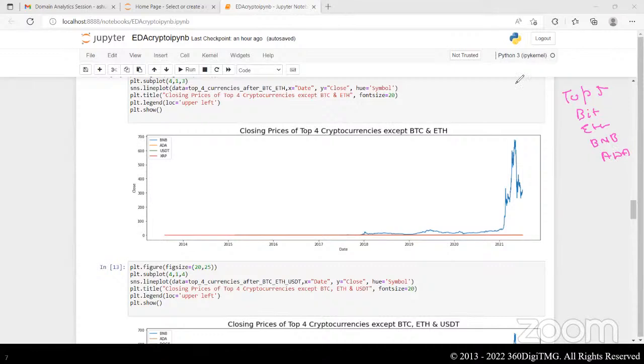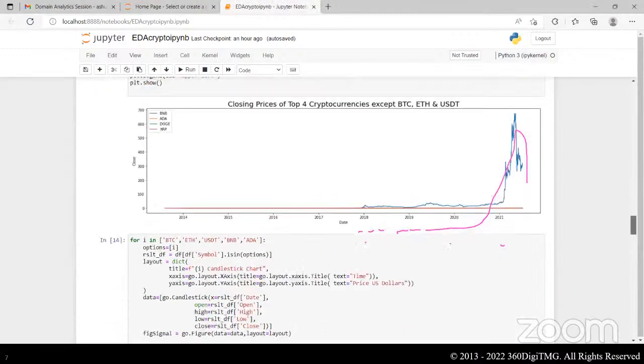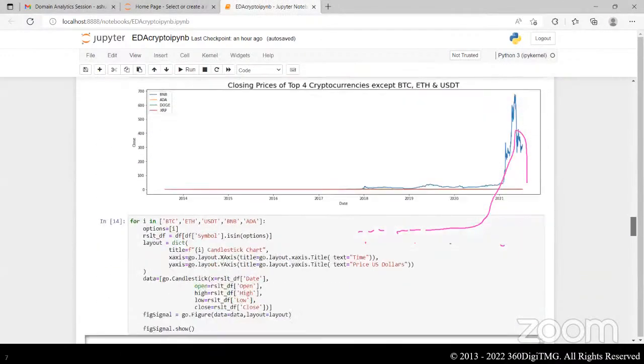So if you observe over here, even your BNB from the last 4 years, you can say 18, 19, 20, 21, and so on, you are seeing a consistent growth, right? And that is why BNB.